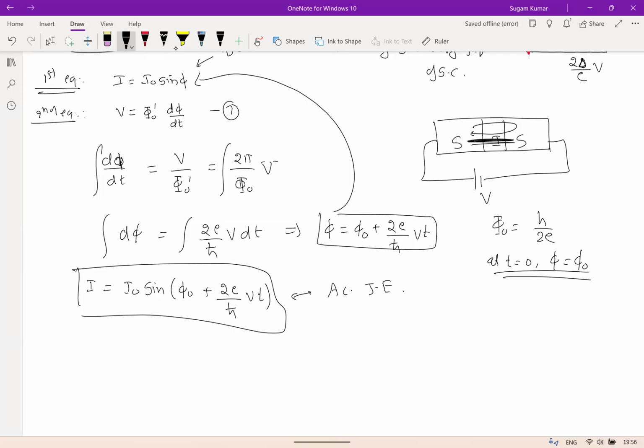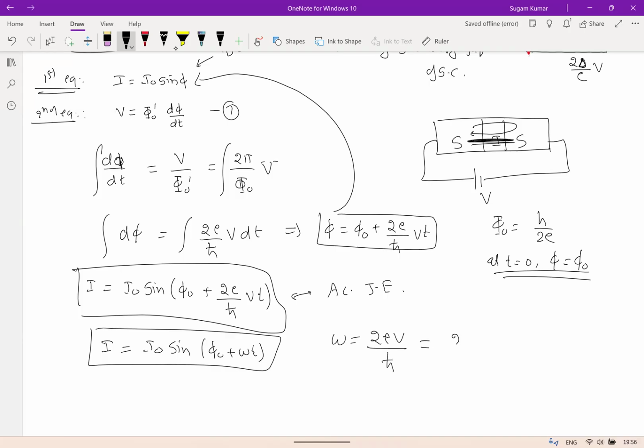What is the frequency of oscillation? You can also calculate it: I naught into sine of phi naught plus omega t. That is the frequency of oscillation, which is nothing but 2eV upon h cut. When you solve it, it is actually 2 pi times 483.6 gigahertz per millivolt.